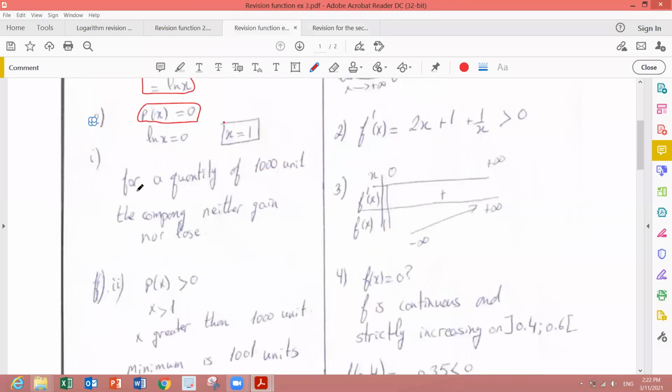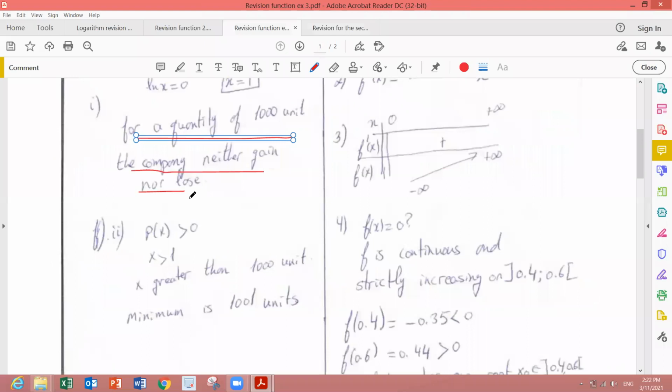Okay, we have seen that for a quantity of 1,000 units, the company will neither gain nor lose. Now, to get a gain, Px should be greater than 0, meaning ln x greater than 0, which means x greater than 1.